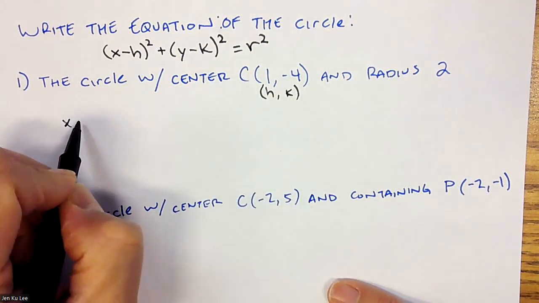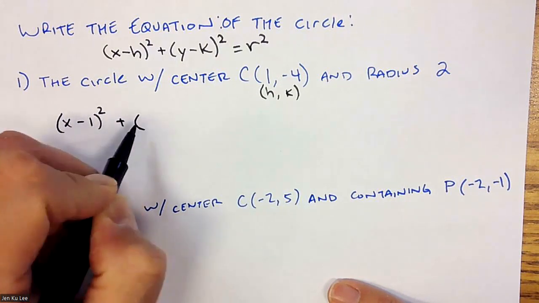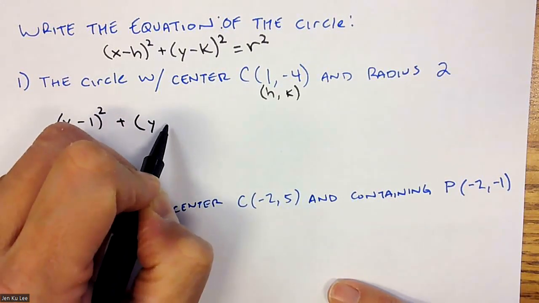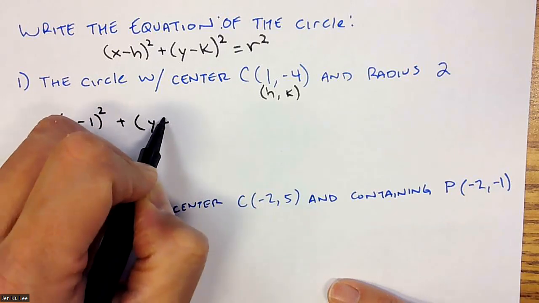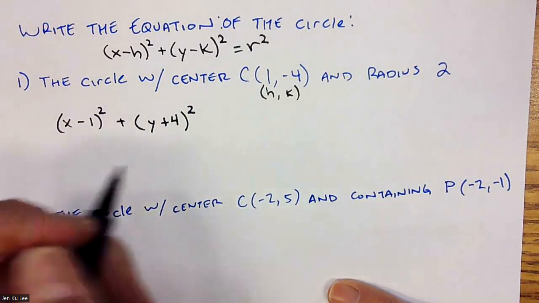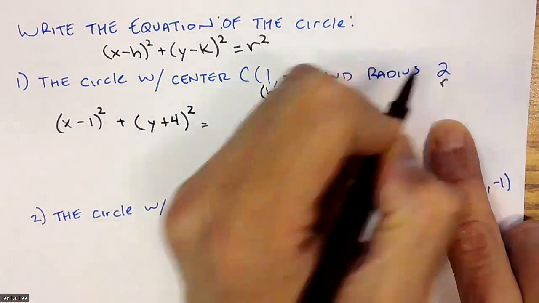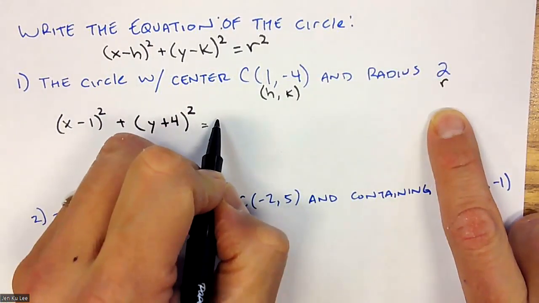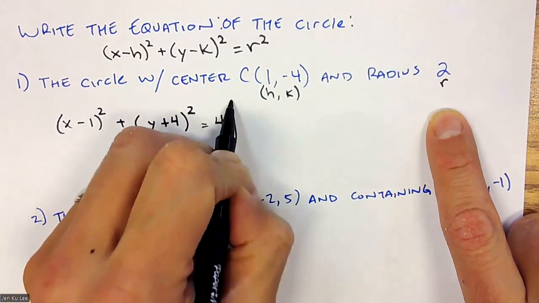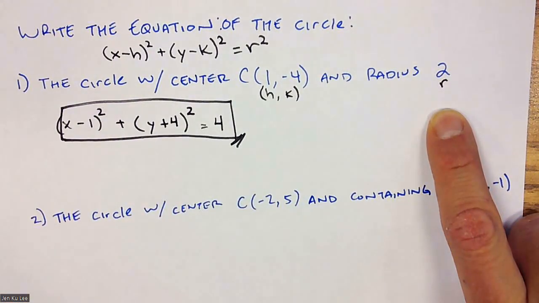So it's going to be x minus 1 quantity squared plus y minus -4, that just produces a +4 quantity squared, right? Equals your radius is 2. This is your r. r squared, 2 squared is 4. So that is your answer. Okay.